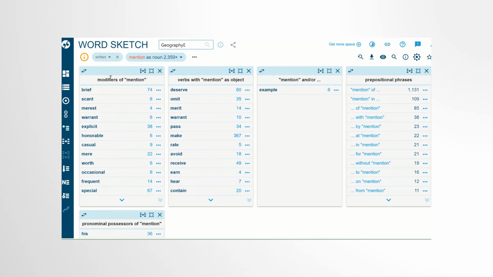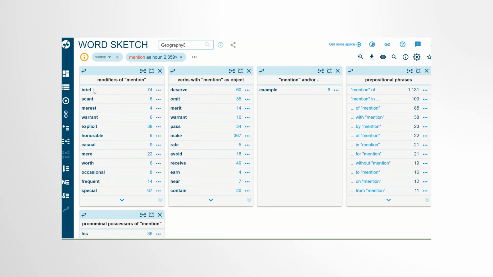Here we have typical pre-modifiers of the noun mention in academic writing, and these are typical verbs that are used with mention. Let's see if we can find more evidence of the kinds of phrases we're looking for, phrases that serve the function of adding something to the current discourse. Let's just explore a bit.